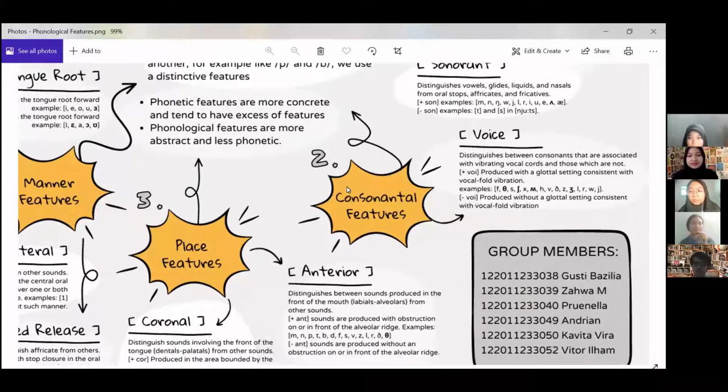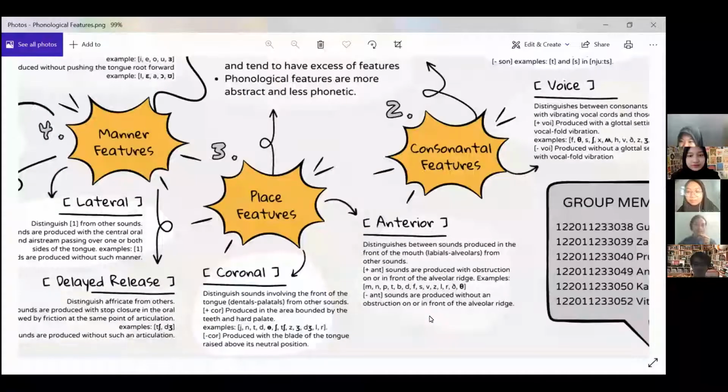Hello again. My name is Vitor with my last student number again, 052. I'm going to present about place features. The first place feature is coronal. This feature distinguishes sounds involving the front of the tongue, like dentals and palatals, from other sounds. Positive coronal sounds are produced with the blade of the tongue raised.